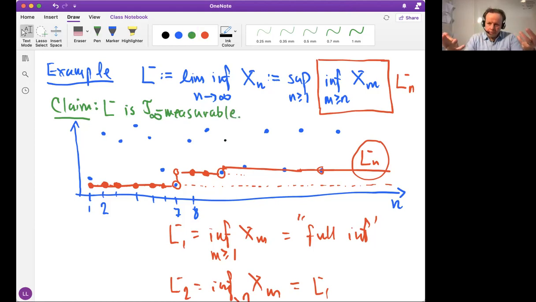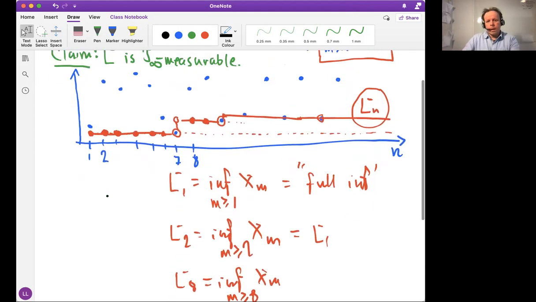Intuitively, you are looking at the sequence, you look at the liminf, the largest lower limit that you can get from the sequence. So if you omit finitely many values from the beginning, it doesn't affect the liminf. That's the intuition. That's why the liminf should belong to this tail sigma algebra.